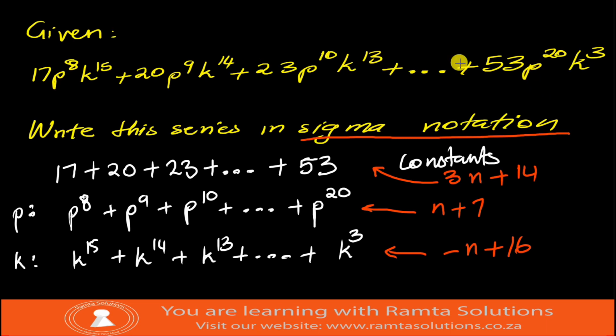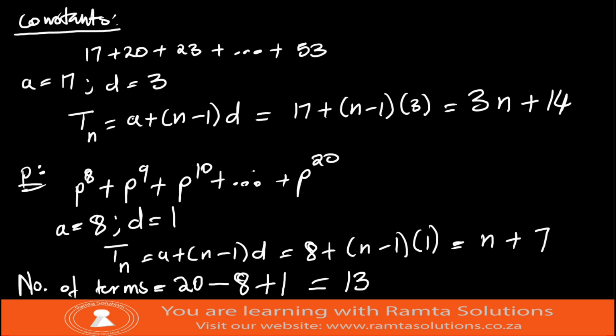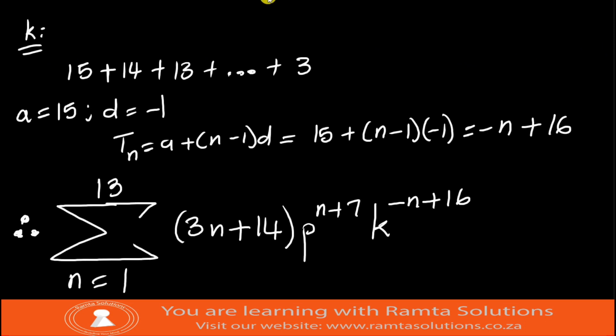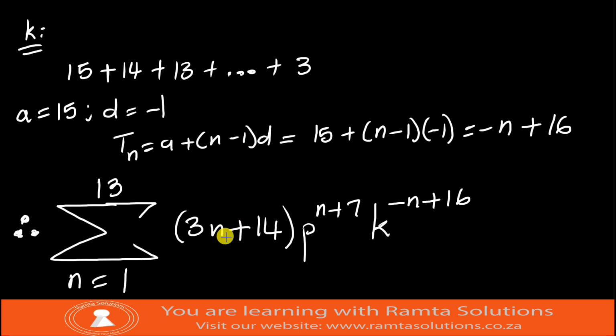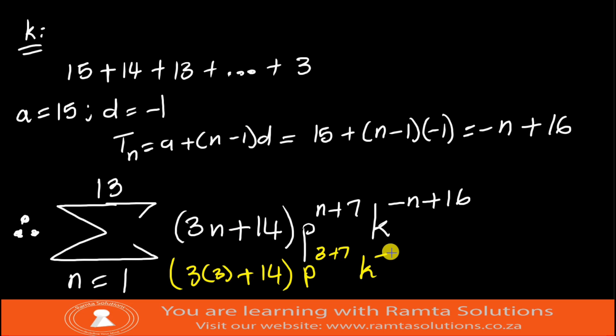If you want to prove it, let's try with term 3. Where there's n, I will put 3. It'll be 3 into 3 plus 14, p to the 3 plus 7, k to the minus 3 plus 16.